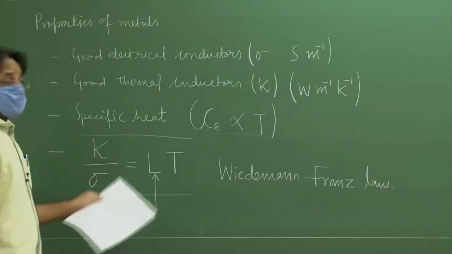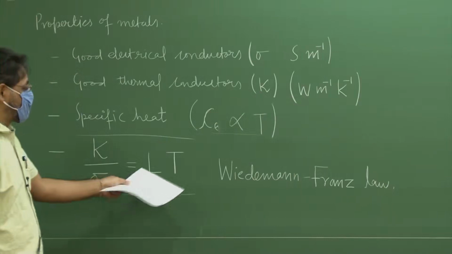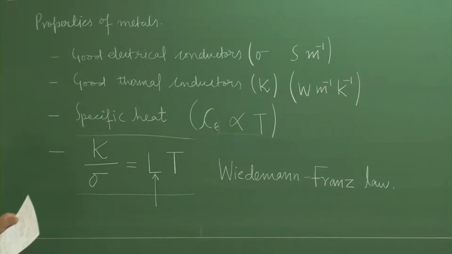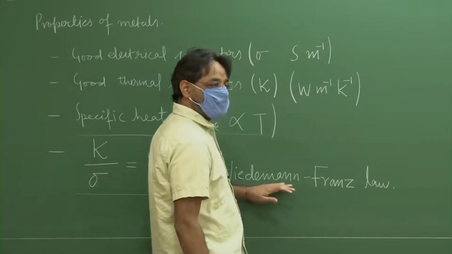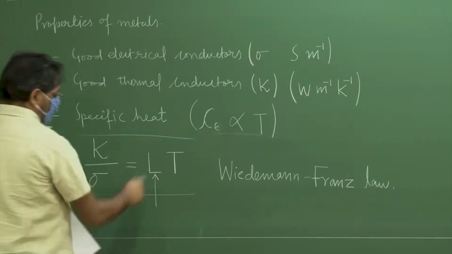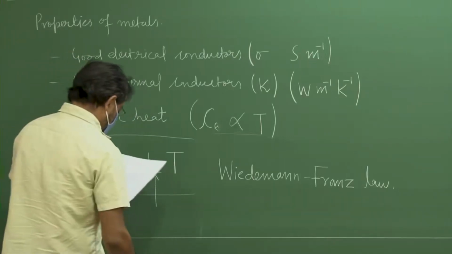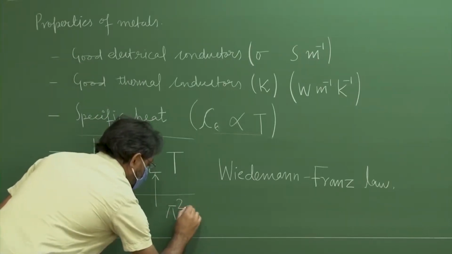And it is very much in use in today's research also. In fact, in my own research, I use this law to decouple the thermal conductivity of electrons from the lattice. I will come to that later on. Our job in this module would be to understand why these two are related in this manner. This is called the Lorentz number, and it is a pure constant.